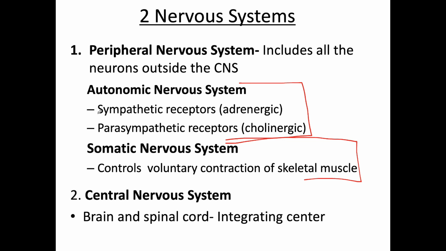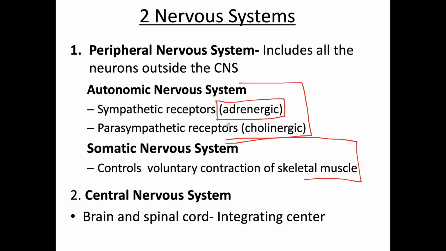Each of these has a type of motor response that's going to require different receptors for them. The sympathetic receptors are called adrenergic receptors. These are receptors that bind to neurotransmitters like epinephrine or norepinephrine to elicit that fight or flight response.